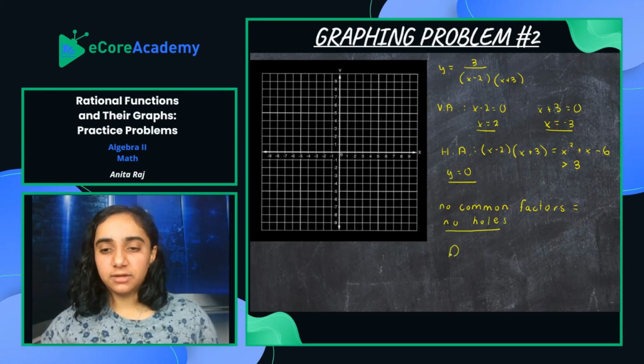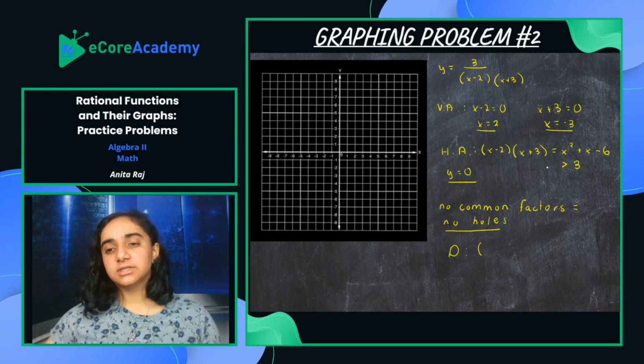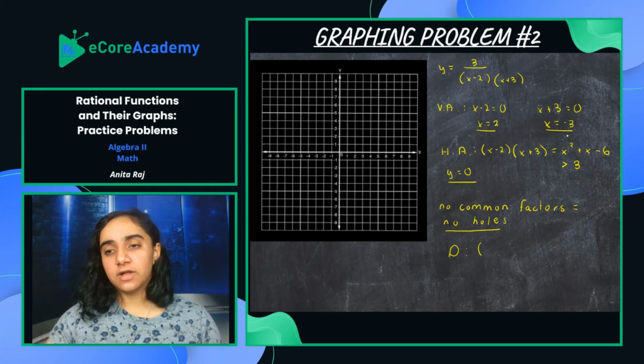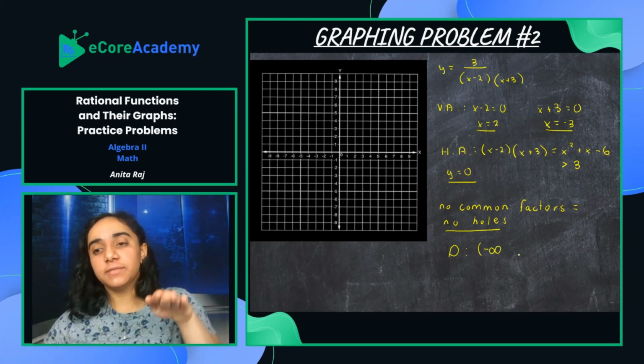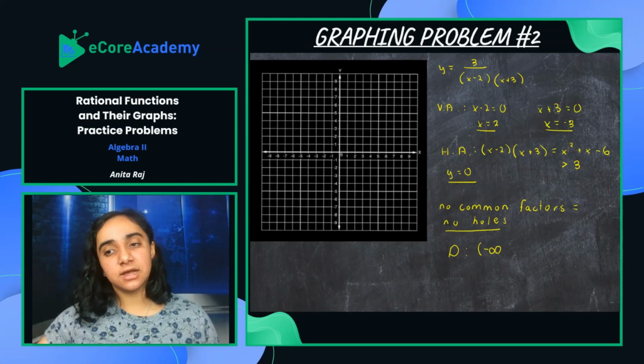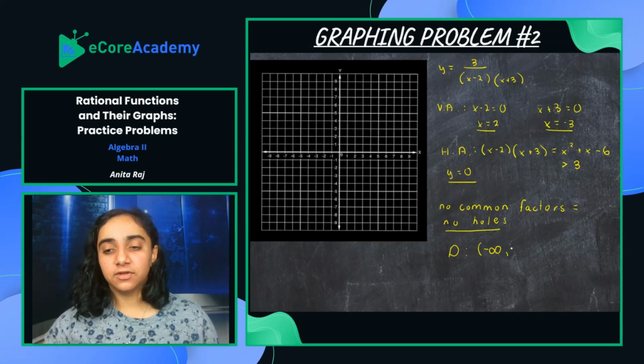Let's find the domain and range now. As you can see, the domain is regarding discontinuities with x. We have two vertical asymptotes, one at x equals 2 and one at x equals negative 3. So we have to take those into account. The function is going to continue from negative infinity, and it's going to hit this discontinuity at x equals negative 3 first. So we're going to have negative infinity to negative 3, put a parenthesis.